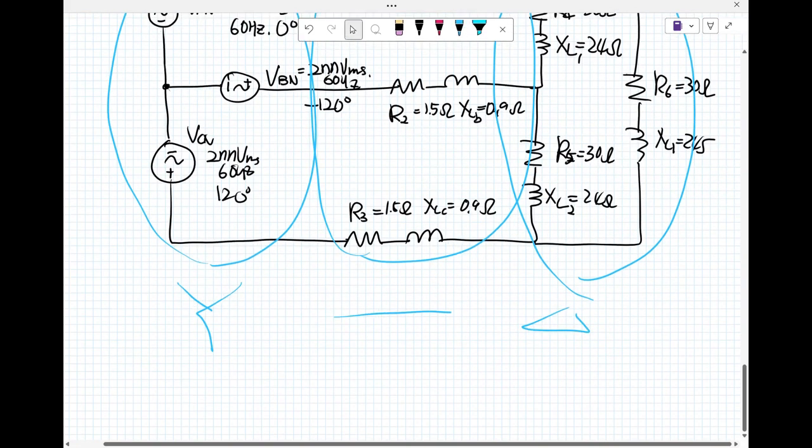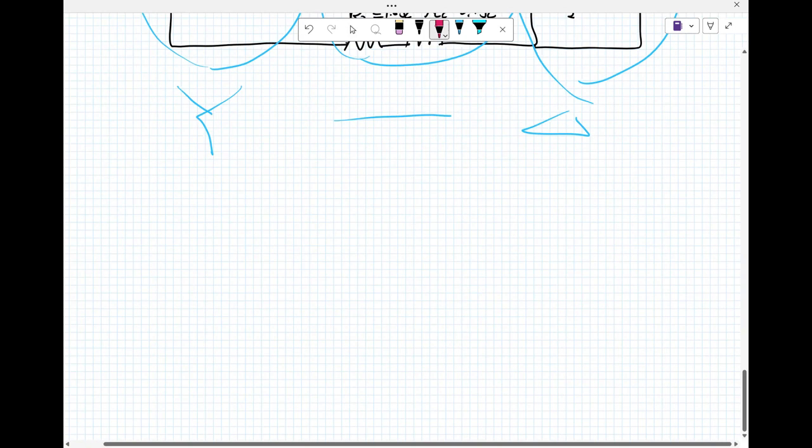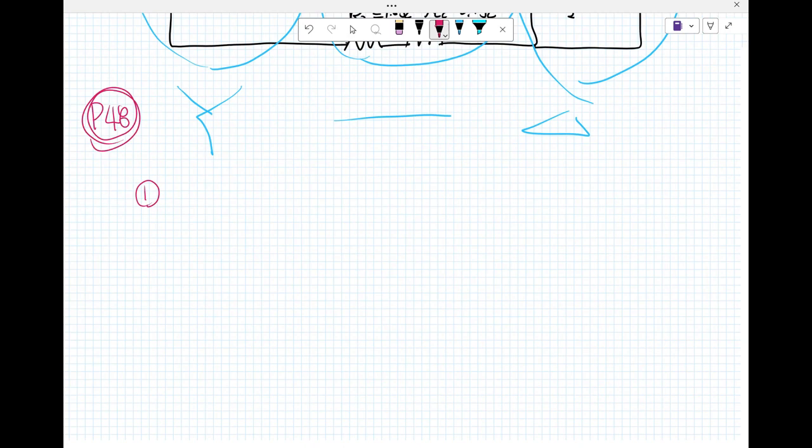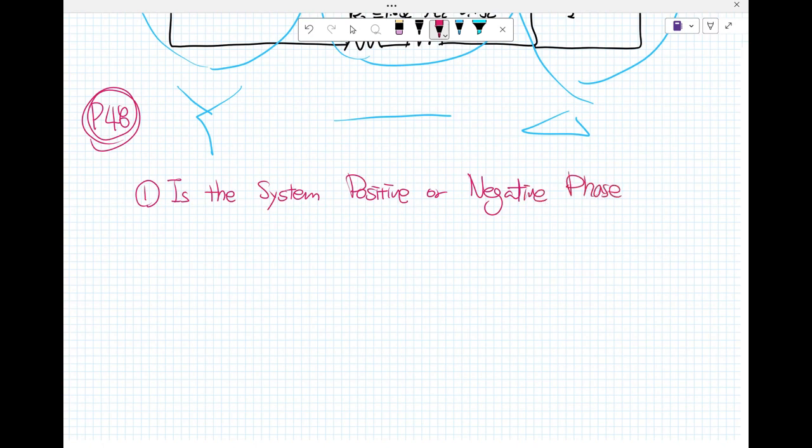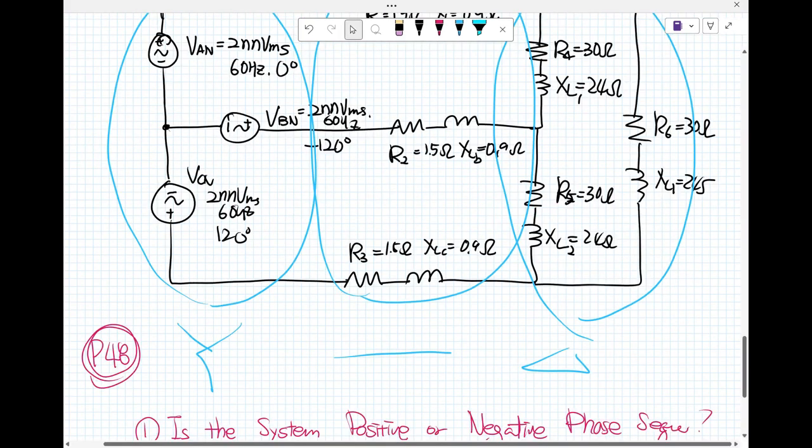So question one is this, page 45 from my printout. Is the system positive or negative phase sequence?